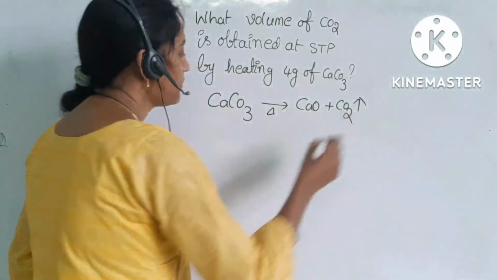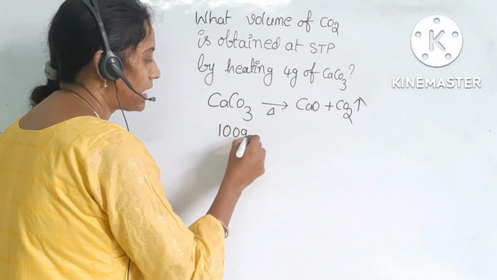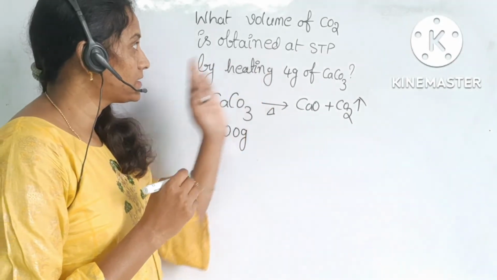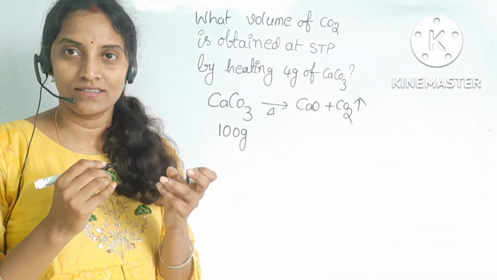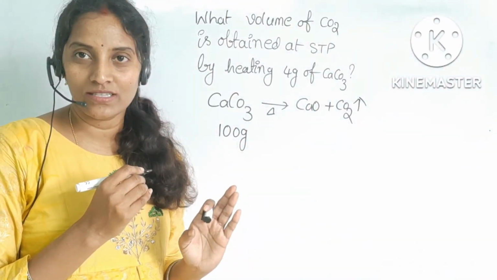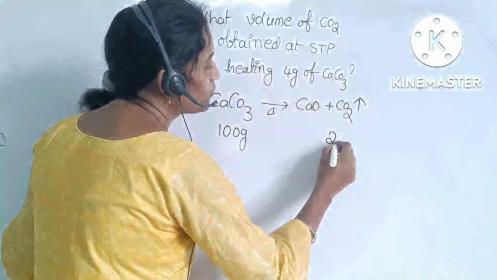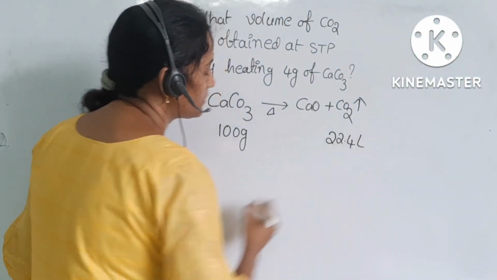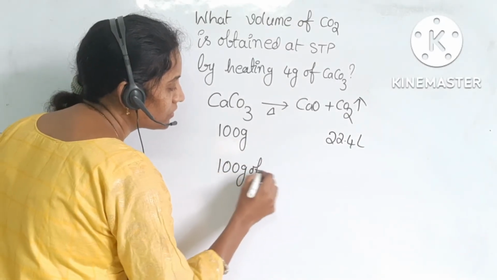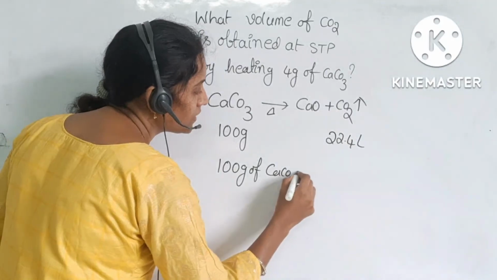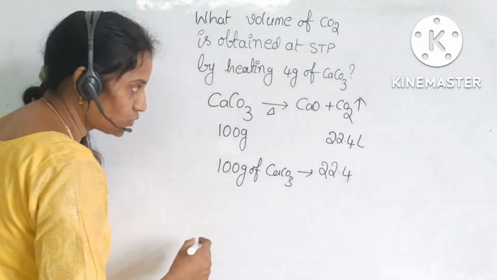So this 1 mole of CaCO3 equals 100 grams. Here he is asking volume, so you should take liters of carbon dioxide. 1 mole of carbon dioxide equals 22.4 liters. So 100 grams of CaCO3 releases 22.4 liters of CO2.